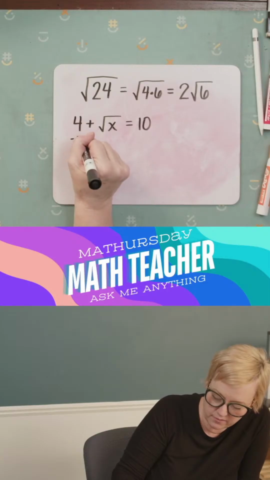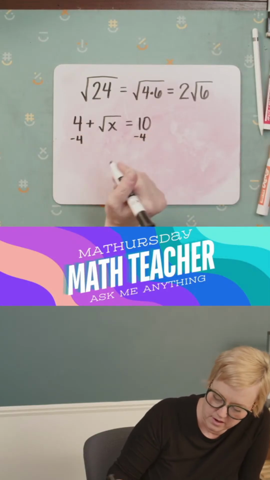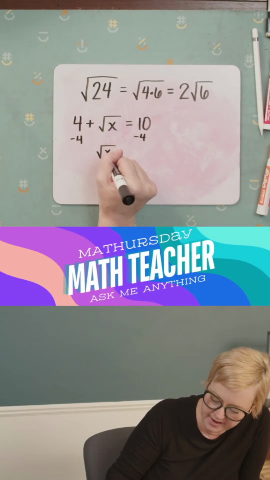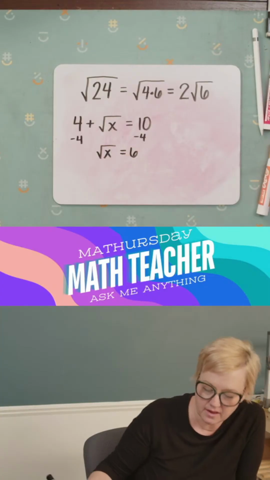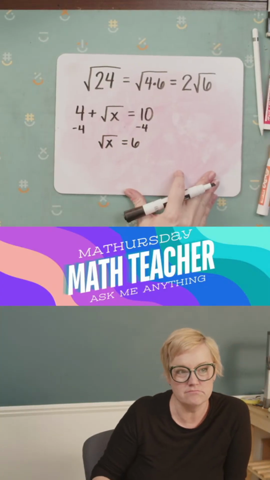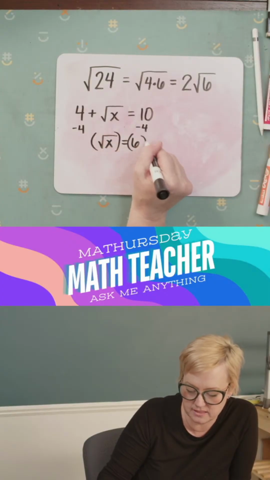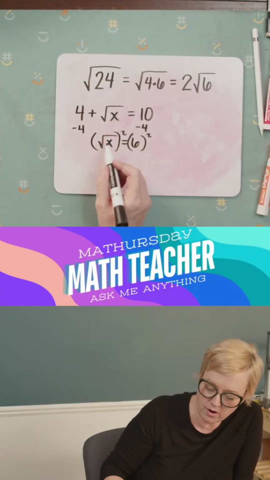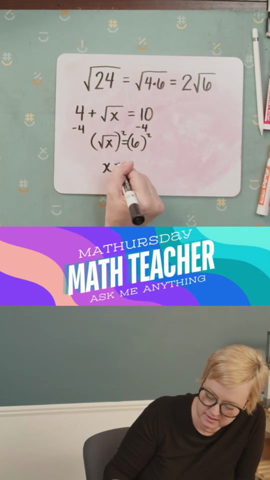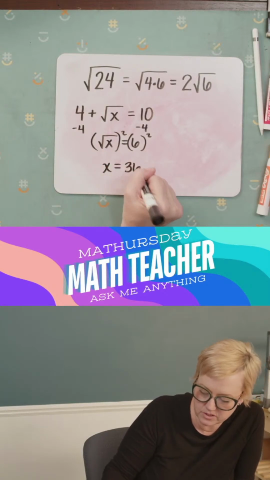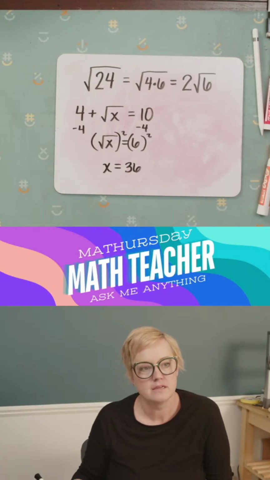I'm going to subtract 4. So now I've got that the square root of x equals 6. So how do I get rid of a square root? I'm going to square everything, square both sides. Square root of x squared is just x. 6 squared is 36. So x equals 36.